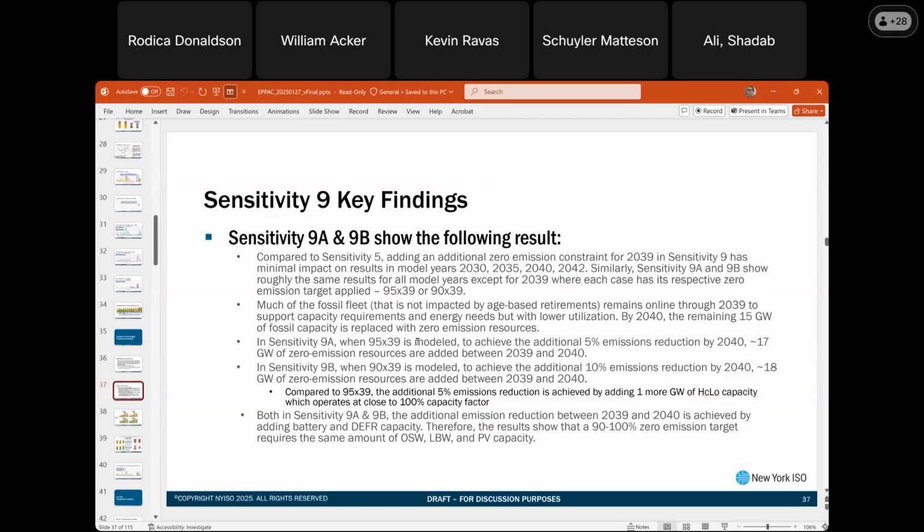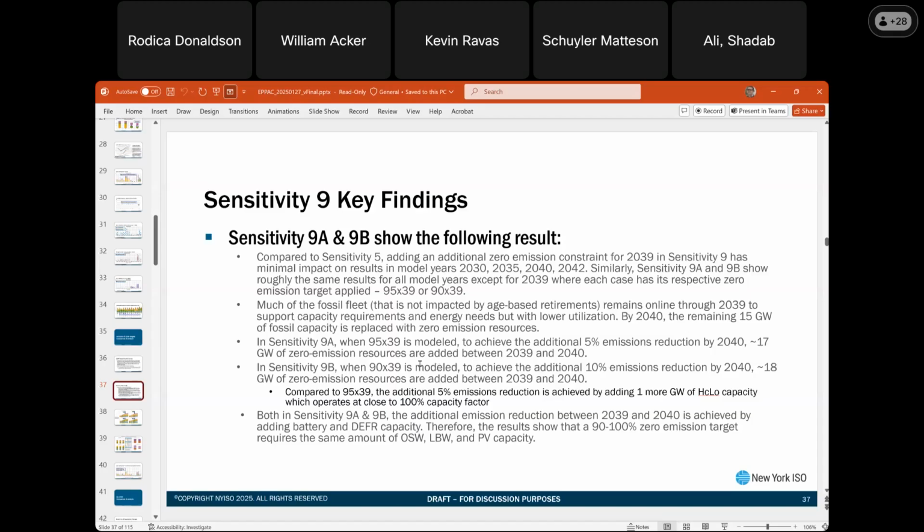When that target is in place, we see that much of the fossil fleet, particularly the fossil fleet that's not impacted by age-based retirements, remains online through 2039, and it's there to support capacity requirements and also energy needs, but with lower utilization. Then by 2040, the remaining 15 gigawatts of fossil capacity is replaced with zero emission resources.